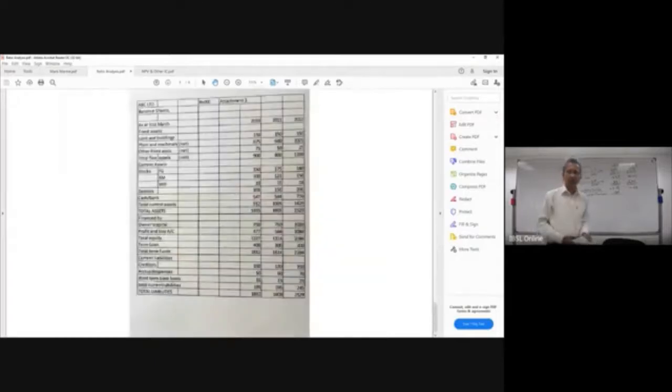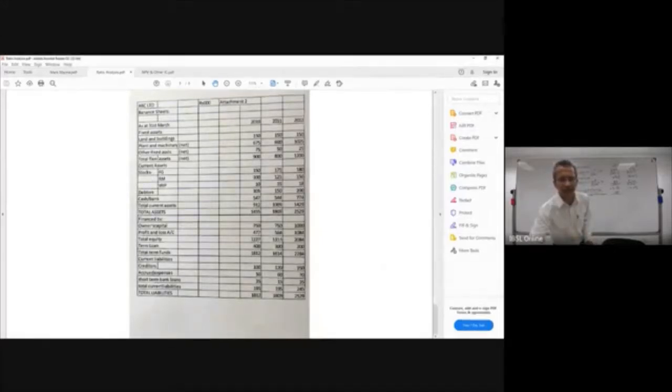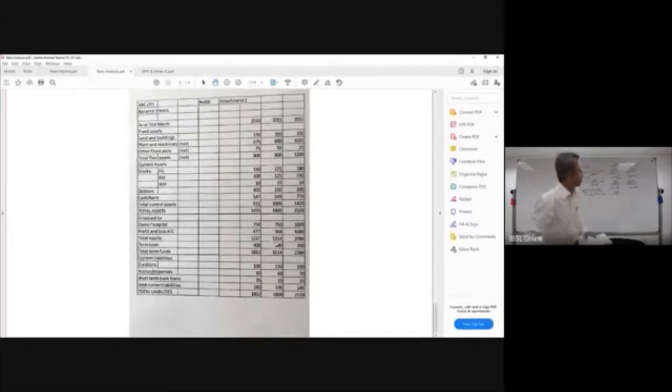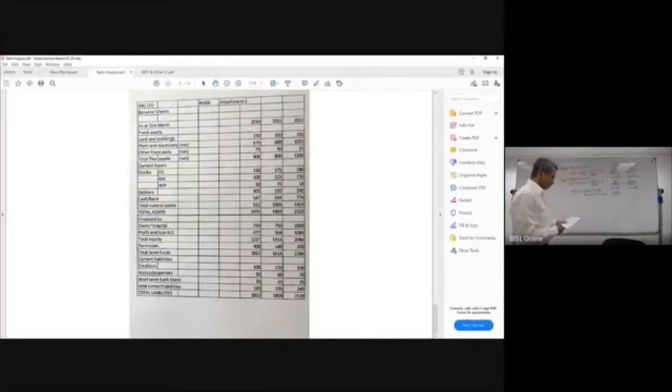Total equity is 1,314. Term loan is 300. So we have 1,640. If I am making a mistake, tell me. So what is the return on capital employed? 12.21%. You know that 2011 is a bad year for this company.